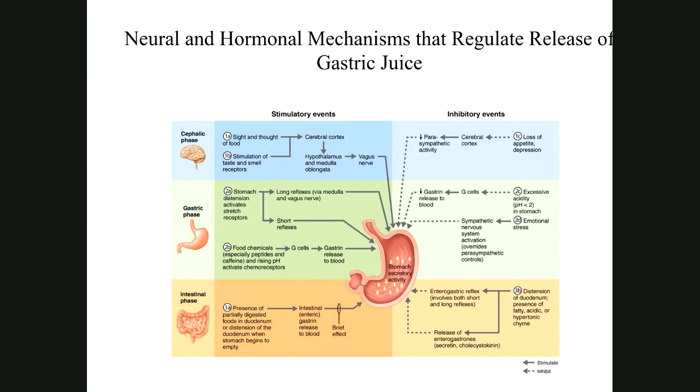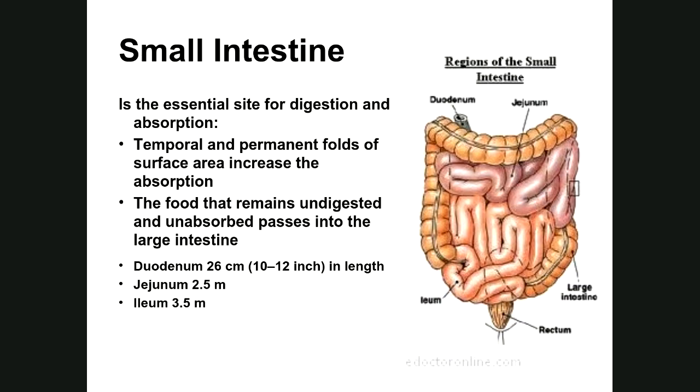We move to the next organ, the small intestine. In the small intestine, we have the duodenum, the jejunum, and the ileum. It's very essential for digestion and absorption. Those temporary and permanent folds of the surface area increase the absorption.